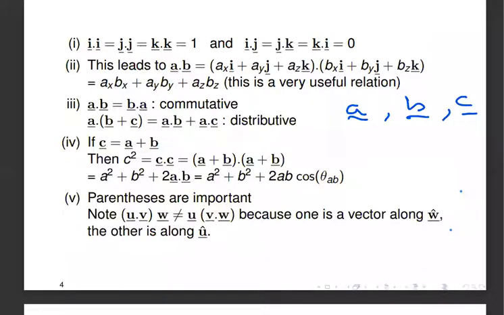Is this true or not? Let me know, is this true or not? Can you write this one? What can you say about this? Can I write it in this way?